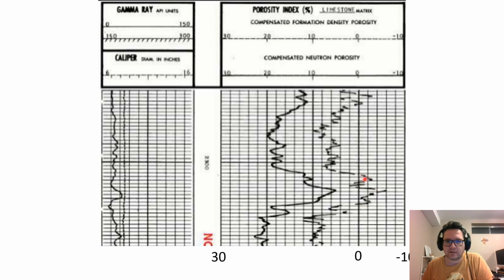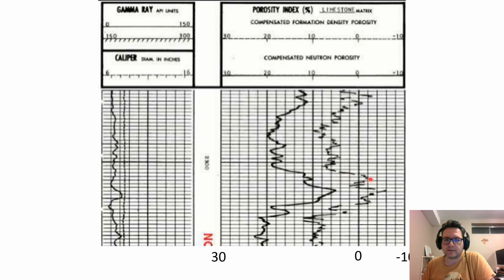And it's the same for the neutron porosity, which in this case is the solid line. So we would have an average of this line. If it was like in here, for example, this would give us 2% porosity. Okay, actually minus 2% porosity because it's right from the zero.